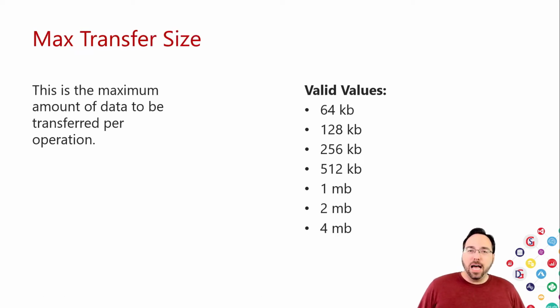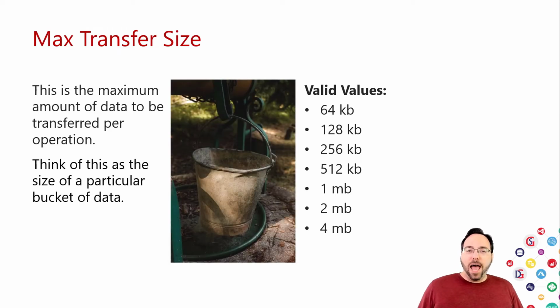Max transfer size is the maximum amount of data to be transferred per operation. Technically, you can think of it as the size of a buffer. In allegorical terms, think of it as the size of a bucket. So if I'm taking data from a database and backing it up, you can think of this as I'm going to turn on the spigot and data is going to pour out into my bucket.